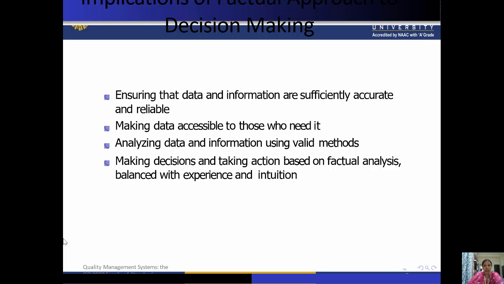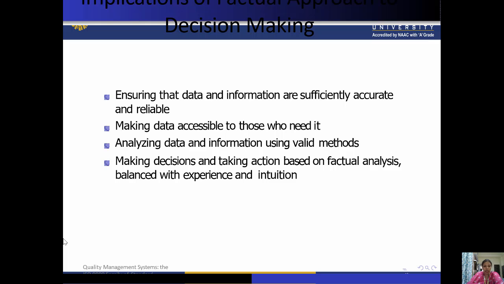When we are taking decisions on the basis of data, it is very important to ensure that the data we are collecting are accurate as well as reliable, meaning they should not be fake. How does this happen? We have to collect the data from authenticated sources only. The next is making data accessible to those who need it.